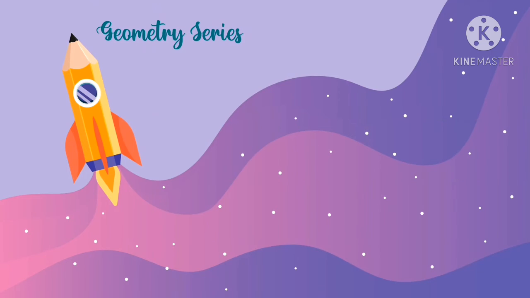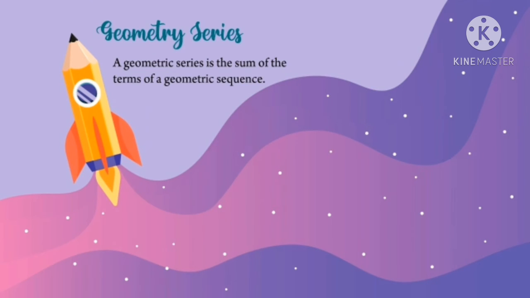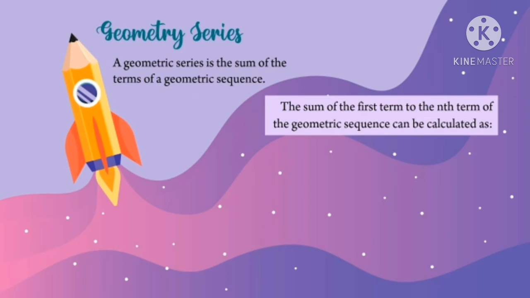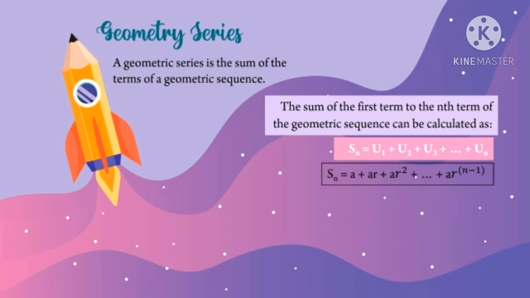Next, about geometric series. A geometric series is the sum of the terms of a geometric sequence. The sum of the first term to the nth term of the geometric sequence can be calculated as Sn equals u1 plus u2 plus u3 plus until plus un, or Sn equals a plus ar plus ar squared plus until plus ar to the power of n minus 1.